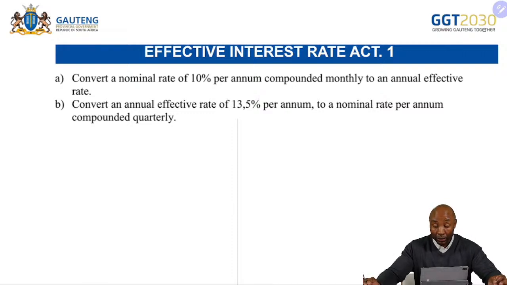You know how to manipulate that. And then part B, we convert an annual effective rate of 13.5% per annum to a nominal interest rate per annum compounded quarterly. 4 minutes. Let's quickly attempt the two questions.